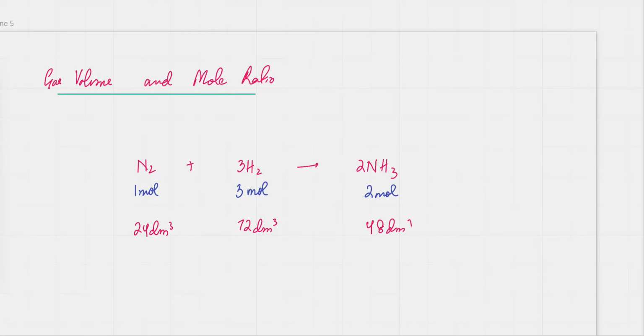Yes. Achha, now when you're comparing gases in an equation, remember this, that the mole ratio and the volume ratio is exactly the same. Like 1:3 is the same ratio as 24:72. Is this clear? Yes, sir.